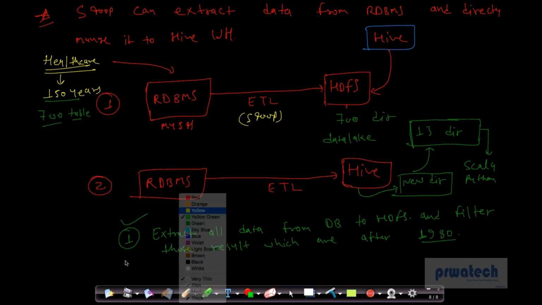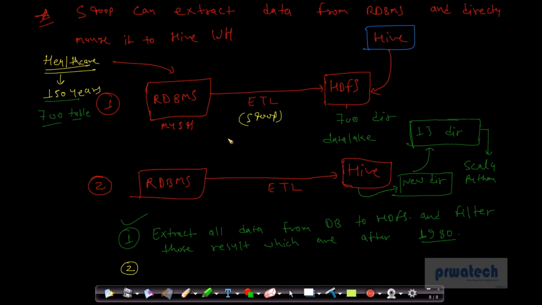Quickly, case number two. If your business wants you to extract all data from the database to HDFS, and you don't want to filter, you don't have this condition, you don't say that I need more than 1980 or less than 2010, there's no filter query.